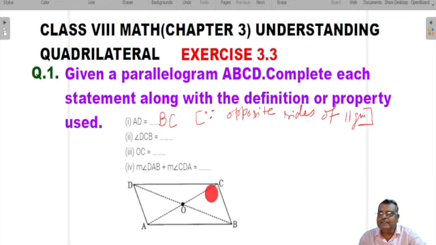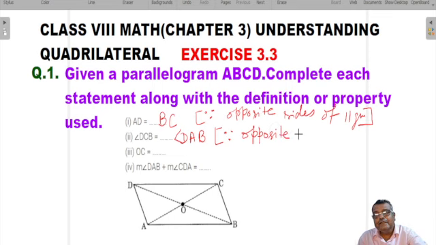This angle DCB is equal to angle DAB. क्यों? Because opposite angles of a parallelogram are equal. Parallelogram का opposite angle, सामने वाला angle, this angle and this angle are the opposite angles.